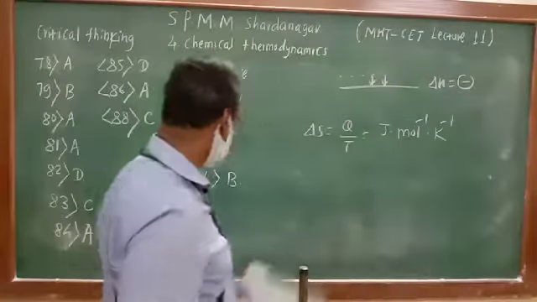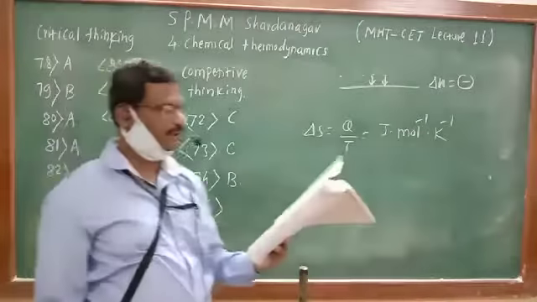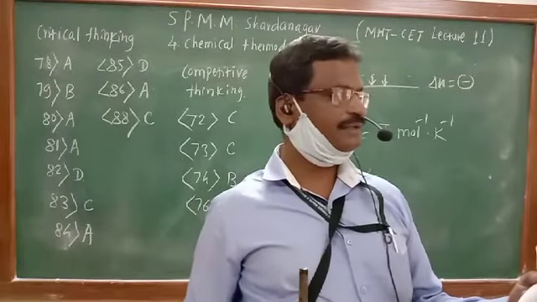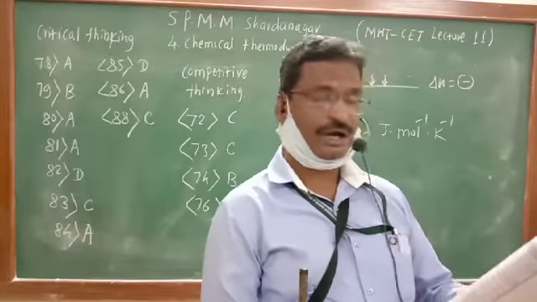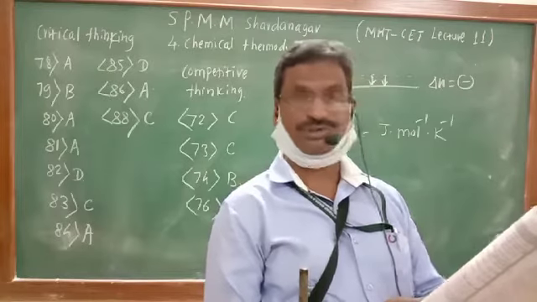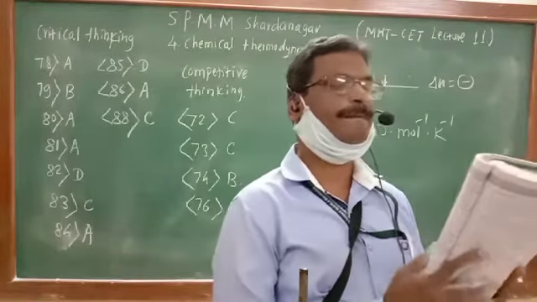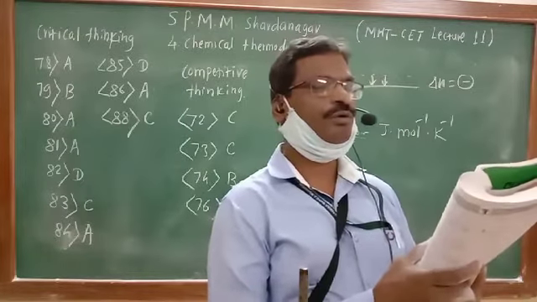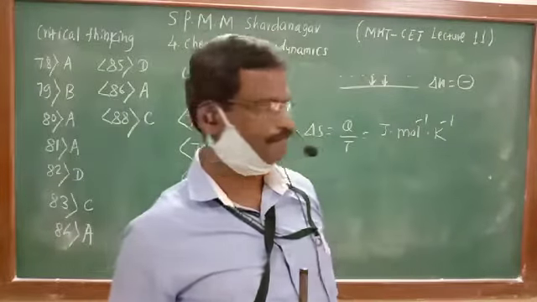Now see question number 76. Values of delta H and delta S for different reactions are given. They have given 5 reactions, 1, 2, 3, 4, 5. On the basis of these values we have to find out which of the process is spontaneous at all temperatures.